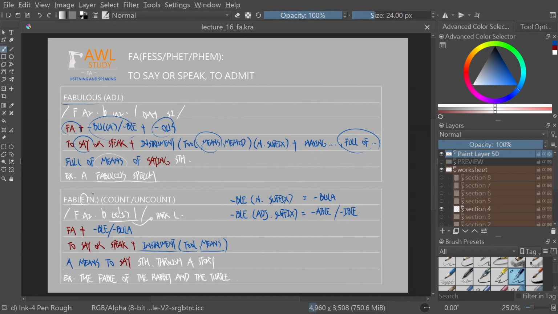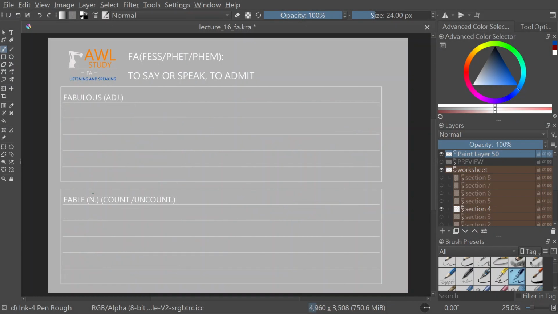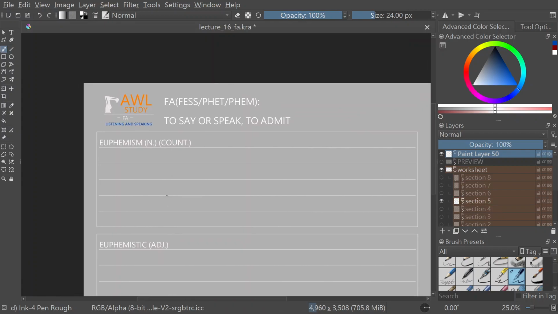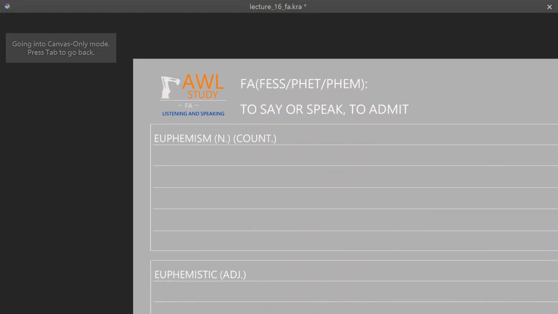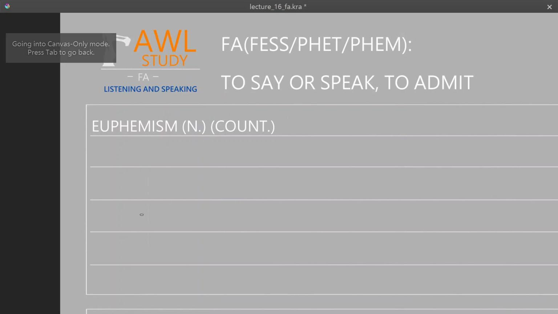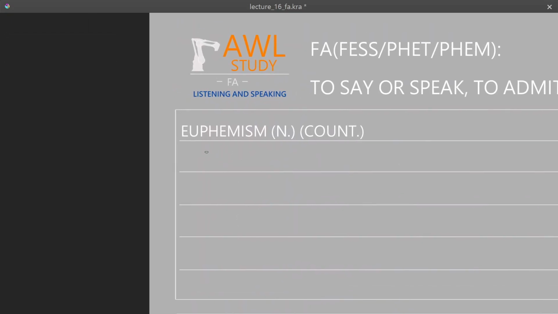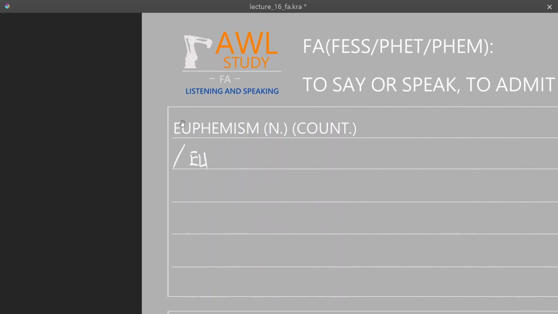All right, let's move on to the next word. Next word we have euphemism. This is a two-letter phonogram that says /yoo/.